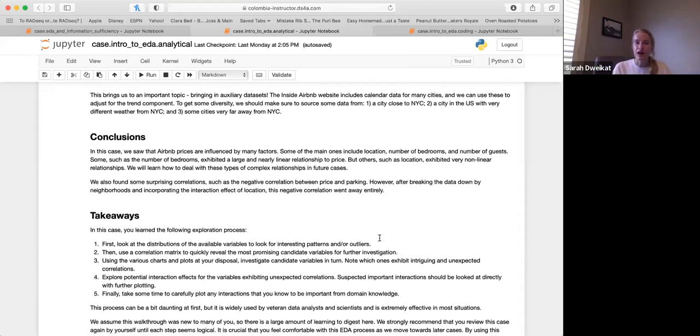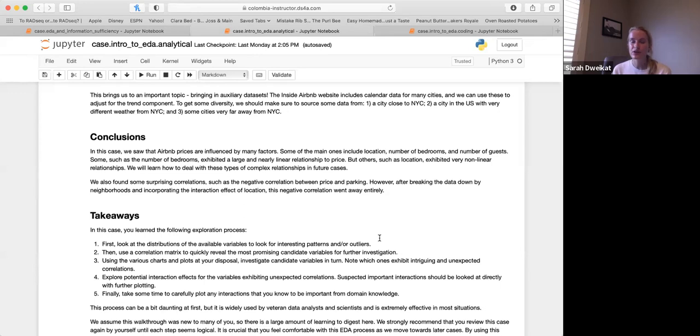We saw that, like we discussed, some of these variables had a linear relationship and others didn't. We hypothesized that air conditioning might not be a linear relationship because there can be so many other factors, like the location of your rental, that can play in more heavily than just adding air conditioning itself.